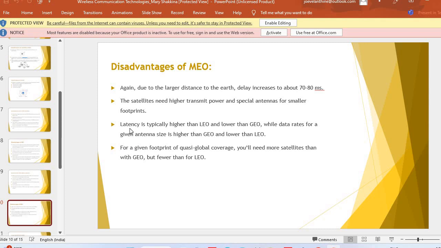Next, latency is typically higher than LEO and lower than GEO, while data rates for a given antenna size is higher than GEO and lower than LEO. So, for a given footprint or quasi-global coverage, you will need more satellites than GEO but fewer than LEO.